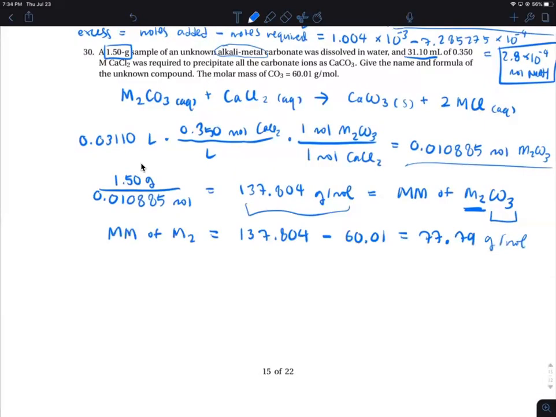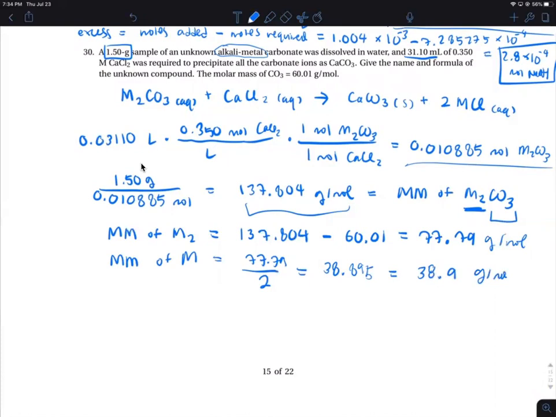So we can find the molar mass of just plain M by dividing this by 2. So we get around 38.895, which is around 38.9 grams per mole.